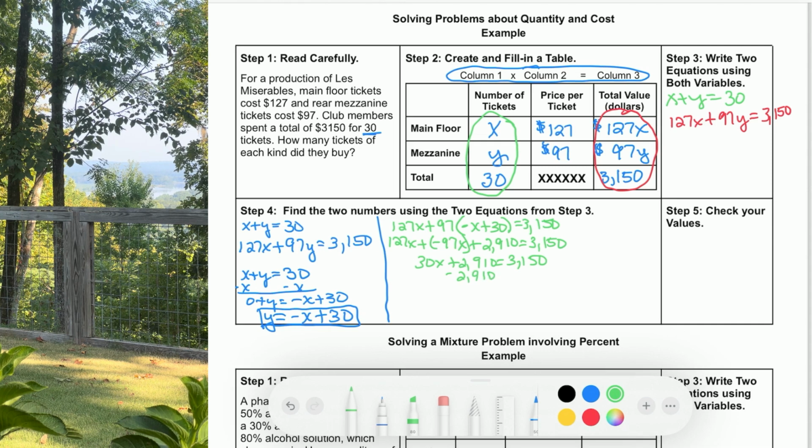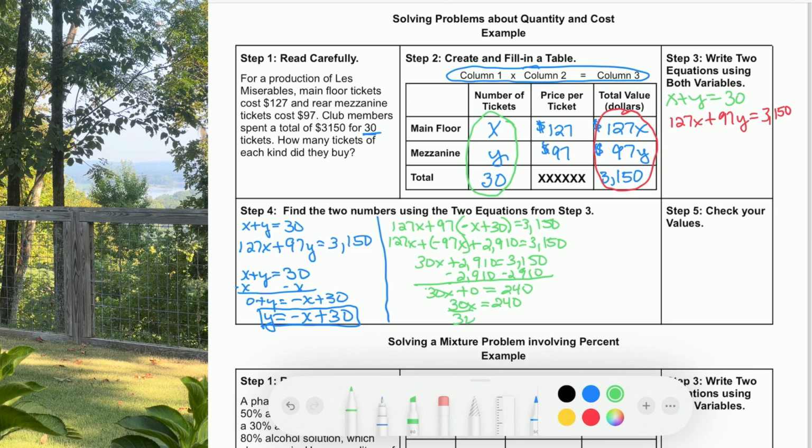Subtract my 2,910 from both sides. I get 30x plus 0 equals 240. Divide both sides by 30. And I get x equals 8.